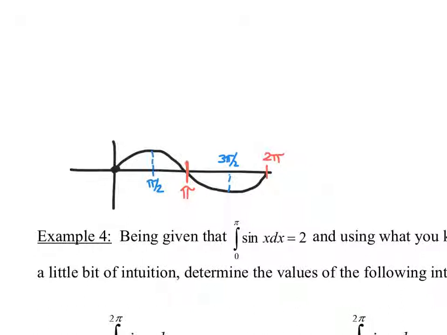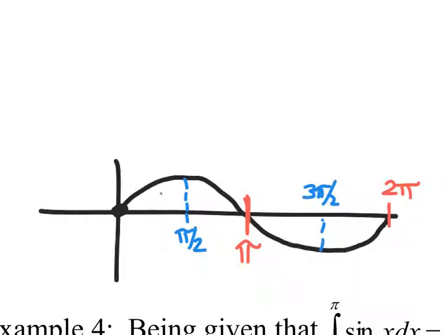If I know that I have an area of 2 on this whole interval from 0 to pi, what do I know about this subinterval? What's its area going to be? Half of that, which would be 1. So I know it's going to be 1 unit. Intuition.